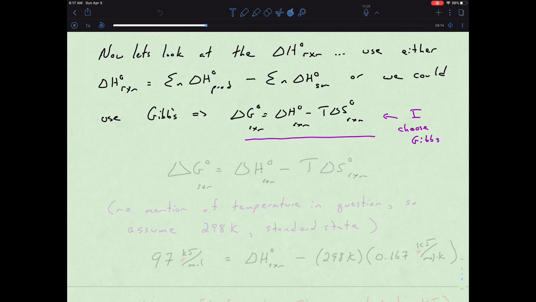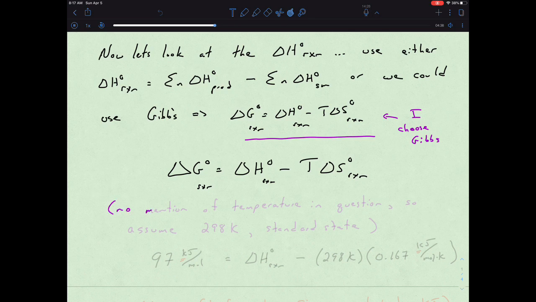So in getting at delta H, we have the delta G already, we have delta S already, and we know our temperature as well.